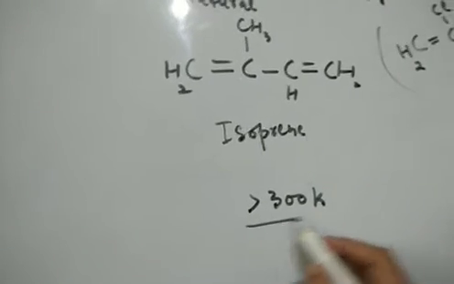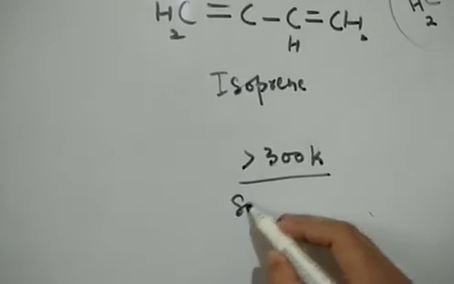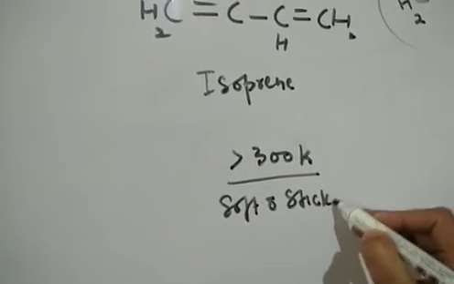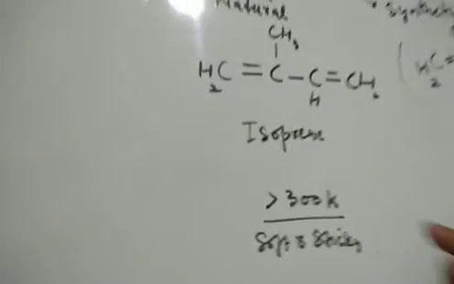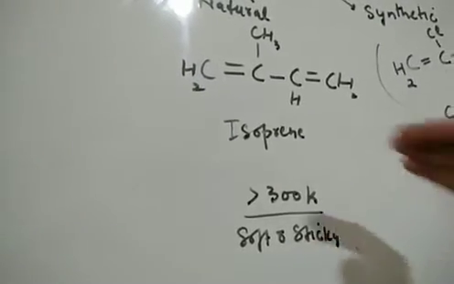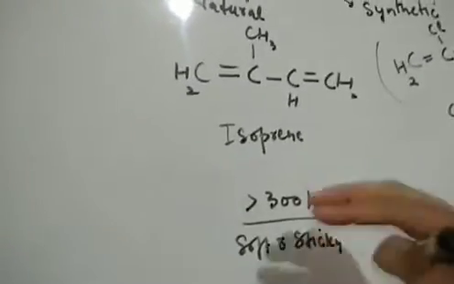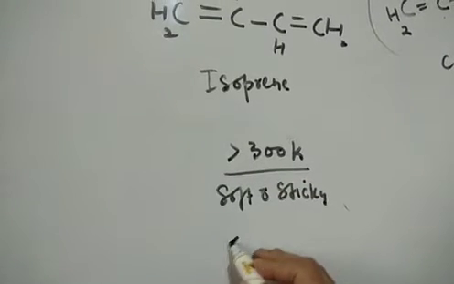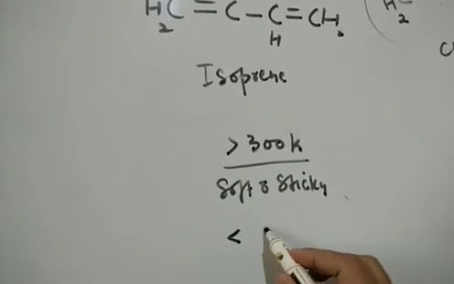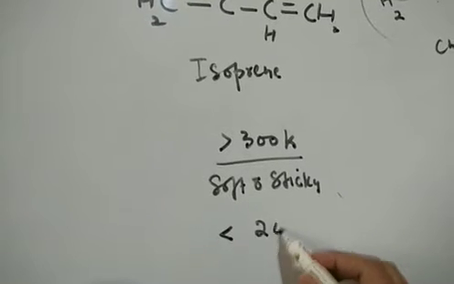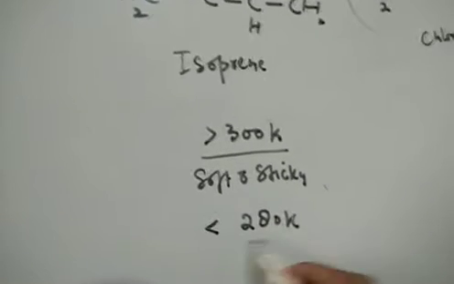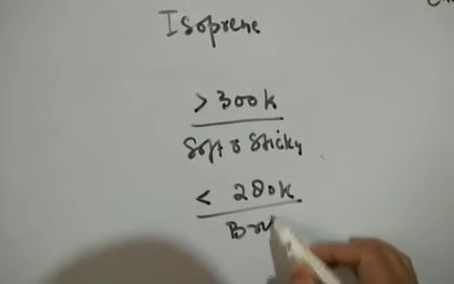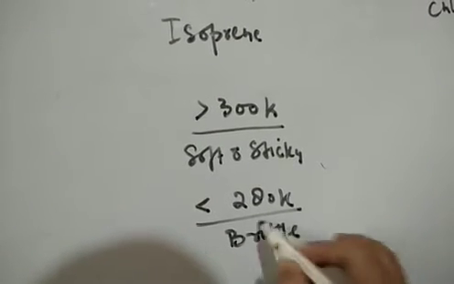Likewise, when you lower the temperature, if you bring this rubber to very low temperatures, around less than 280 Kelvin, it becomes brittle. It can break down like a chocolate.